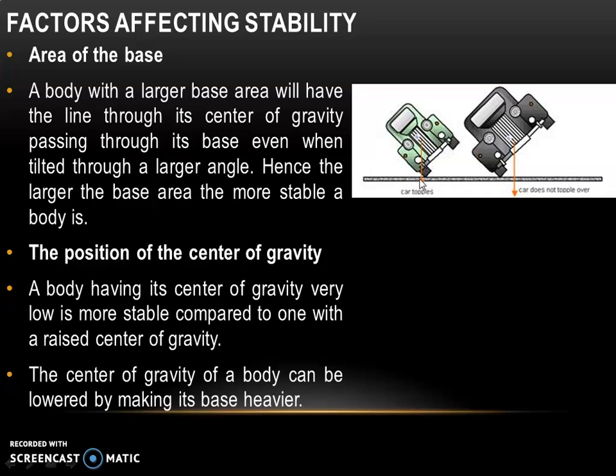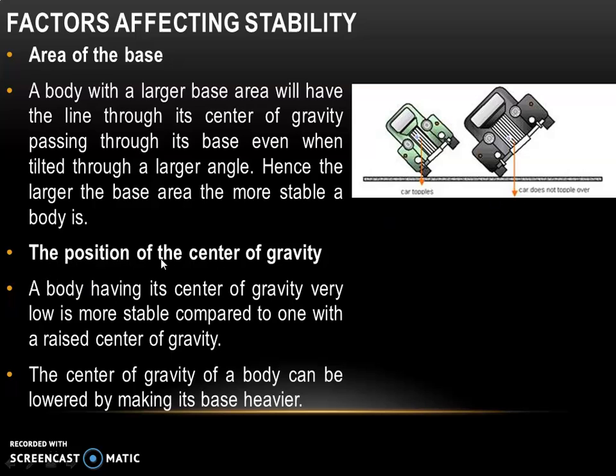It is outside AB. Hence, the car topples. But in the second sketch, we can see that the vertical line passing through the center of gravity G is falling within the base AB. Hence, the car does not topple over.